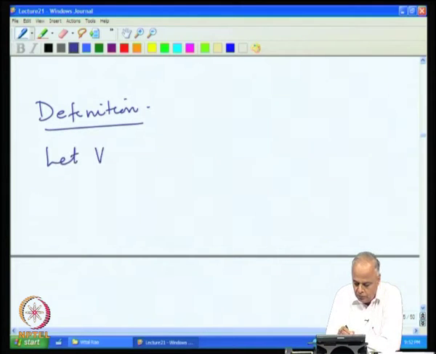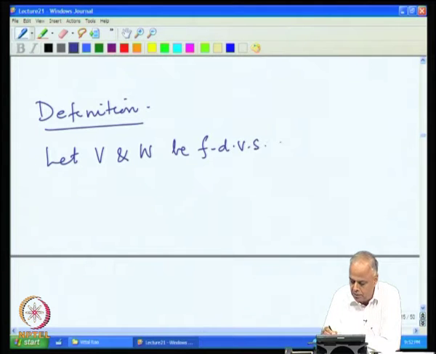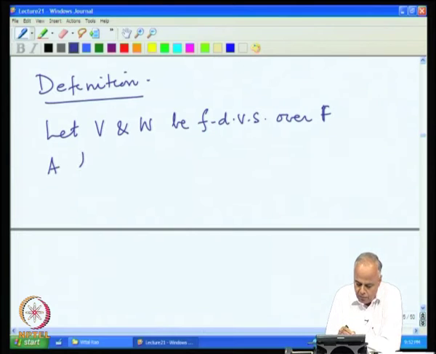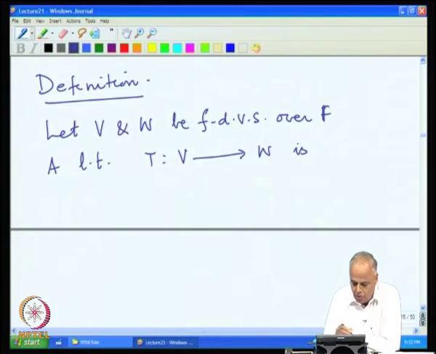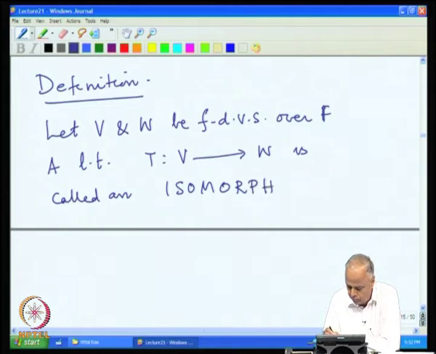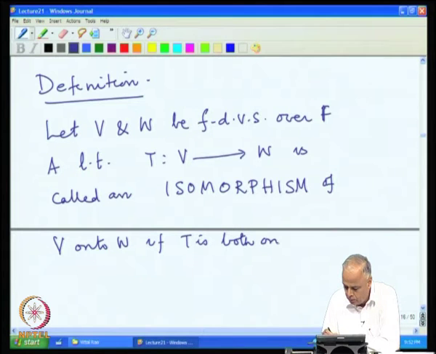Let V and W be finite dimensional vector spaces over F, then a linear transformation T from V to W is called an isomorphism of V onto W if T is both 1-1 and onto.